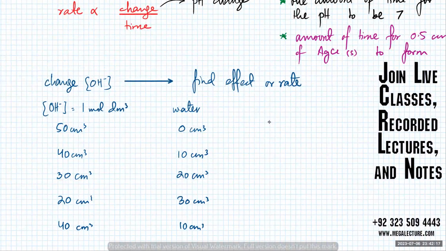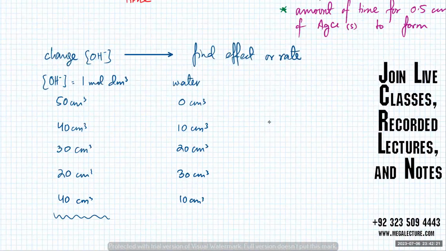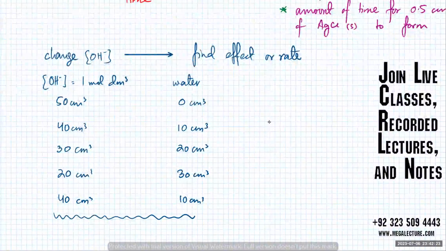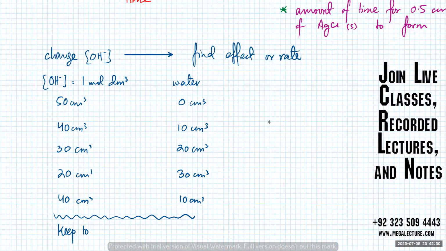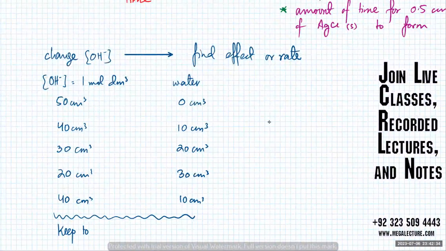One thing that you're going to ensure is that you keep the total volume constant. You'll just be given one sample of OH, so you're going to do different experiments by changing the concentration of OH by simply adding water to it. But you have to keep the total volume constant.